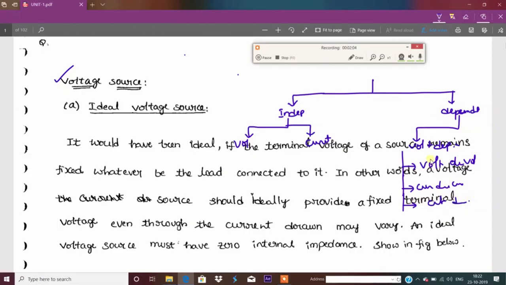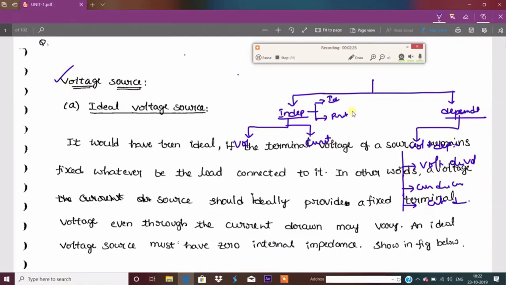I will explain in detail in the further slides. Just an idea about independent and dependent. Here also we consider two parts, ideal and practical. Is it okay? With the help of this idea, it is enough to move further.